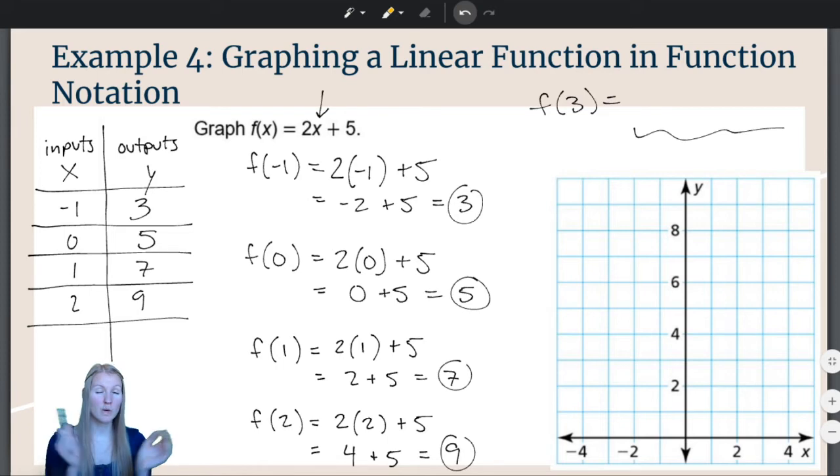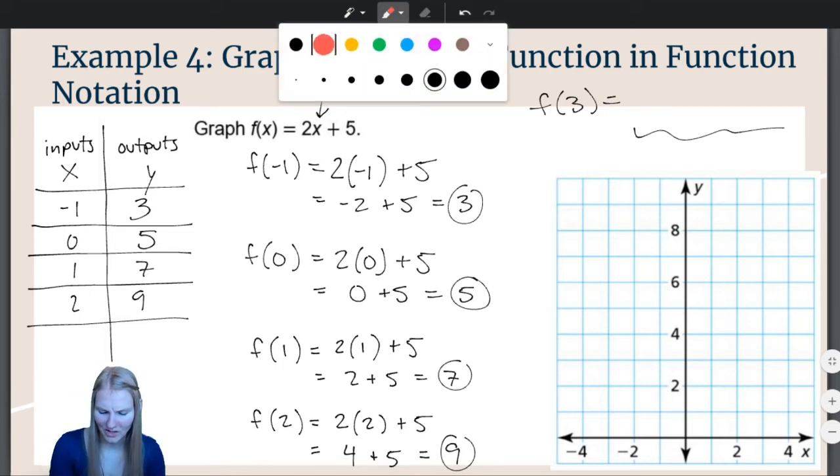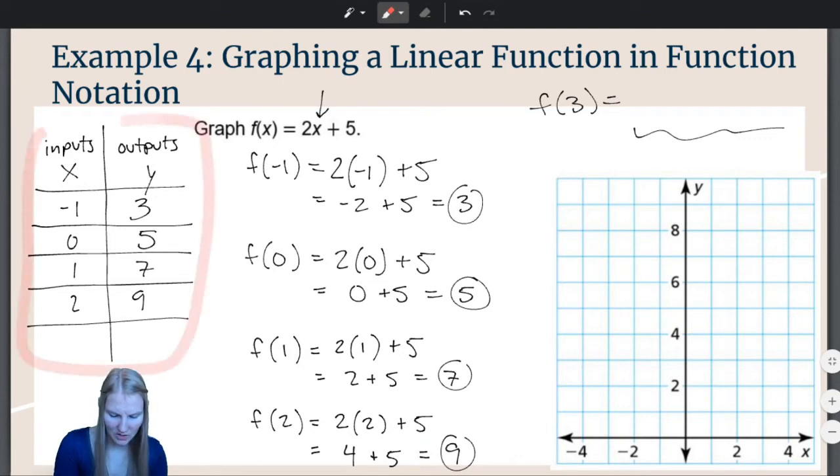Now, what we're going to do is, I found all of these inputs and outputs, but why? Well, remember, the inputs and outputs can be turned into points.